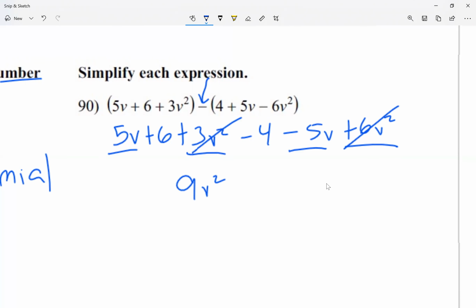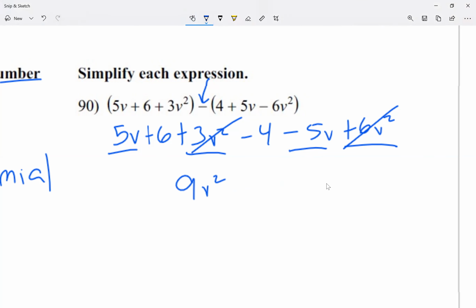That's 0v. Let me just show you a mistake that people make. They just write the v and say, oh, I'm not going to write a number in front of it. When you do that, you're basically writing 1v. So you're telling me that 5 minus 5 is 1. Okay, so that's wrong.